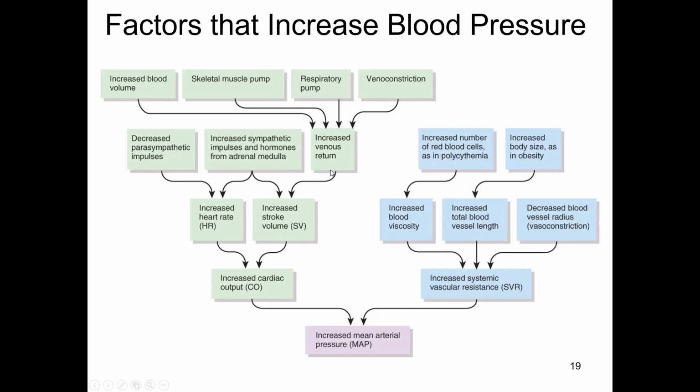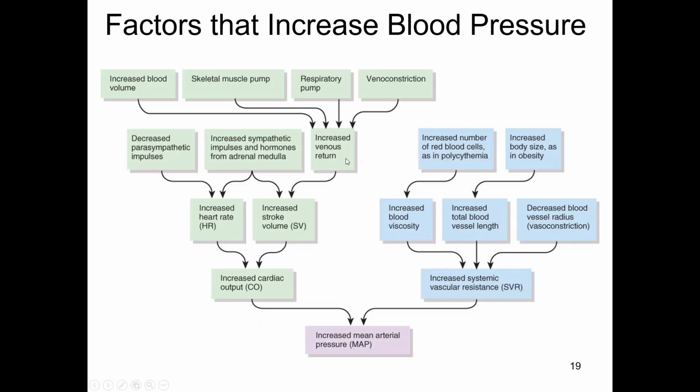But then we have this effect here, increased venous return. And this takes a little more explanation. This is referring to the increased stroke volume when we stretch the ventricles. This box represents the effect of Frank-Starling law.